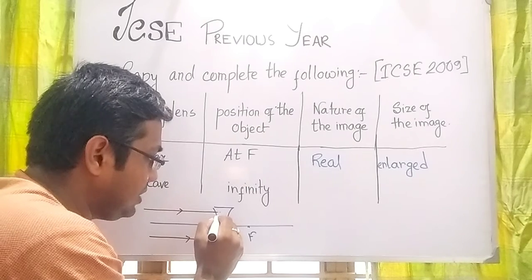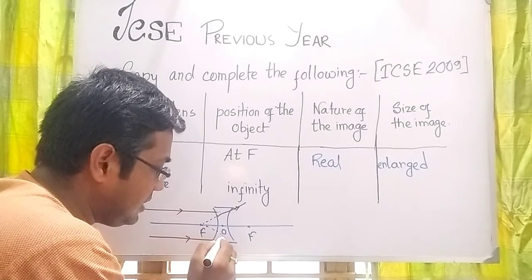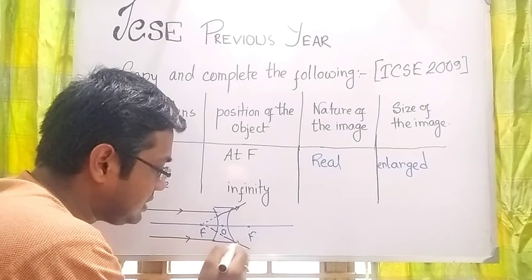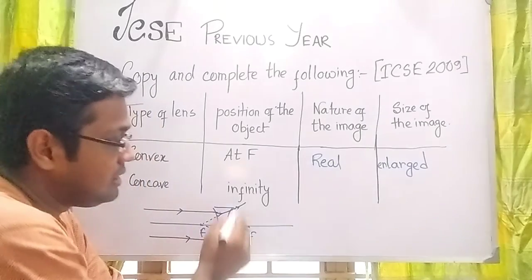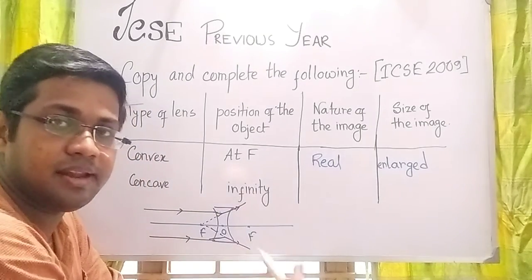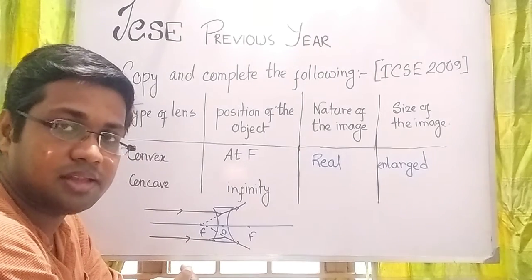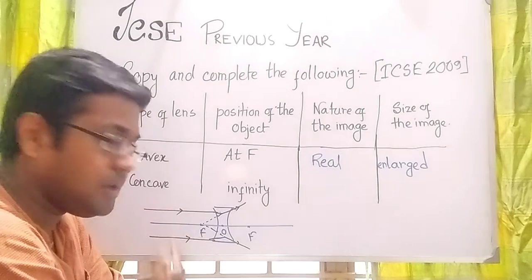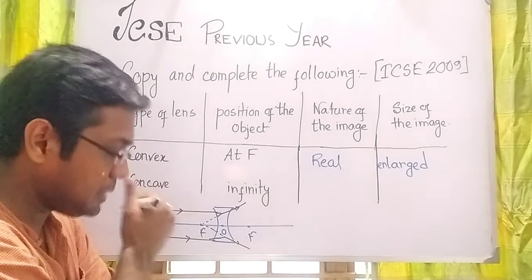and according to the nature of the concave lens, since it is a diverging one, after refraction the rays are diverging. They will not meet even at infinity. If I extend them backward behind the lens, they will meet at the focus. So what is the nature of the image?